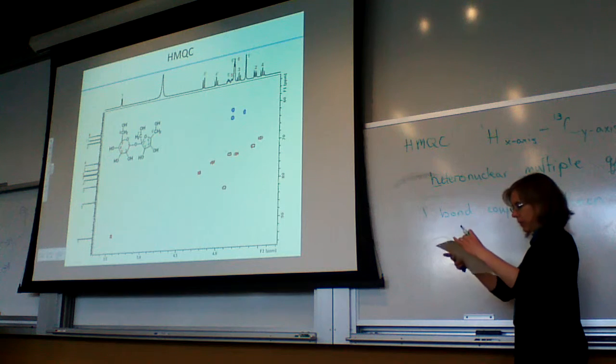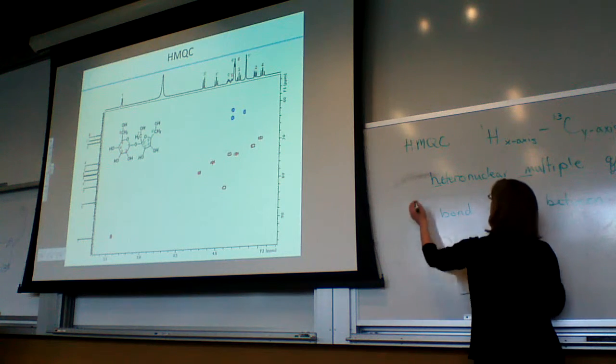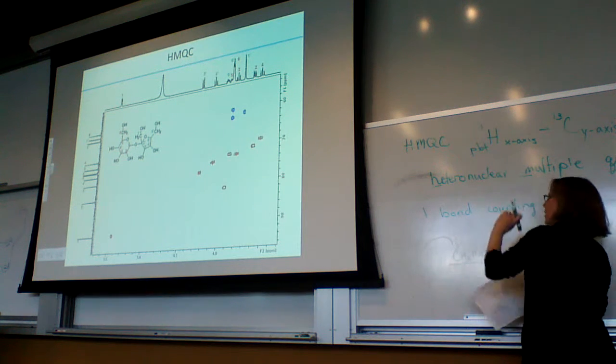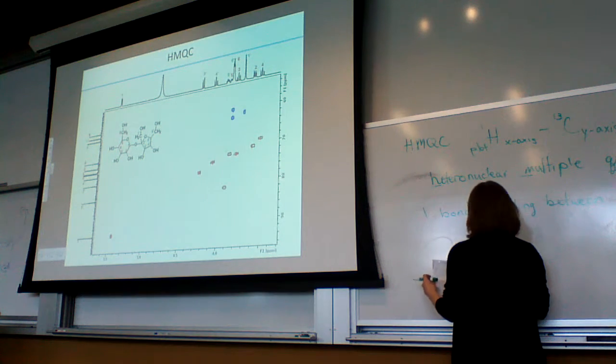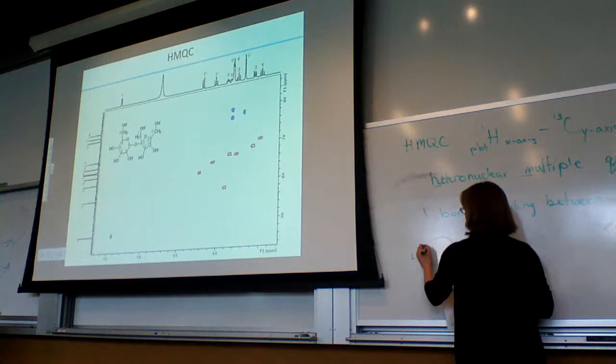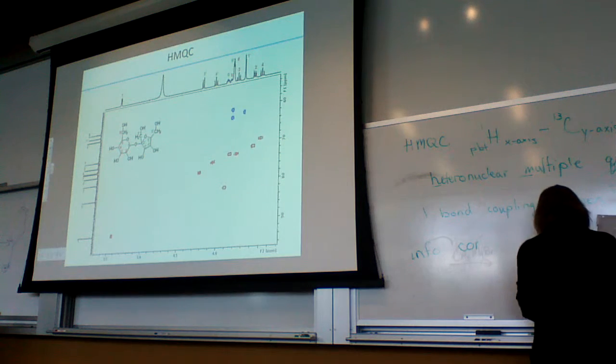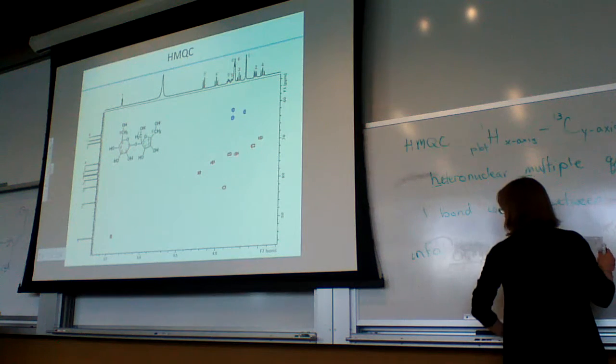And so when we talked about COSY, we talked about what it's plotting. Here it is the hydrogen 1 axis versus the C13 axis. The info that we're going to get out of this is the hydrogen connected to the carbon.